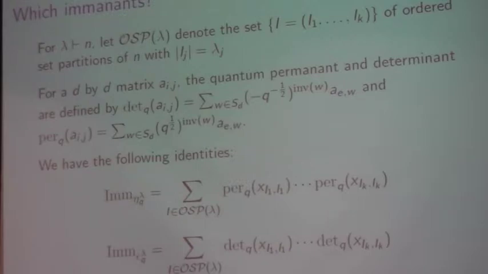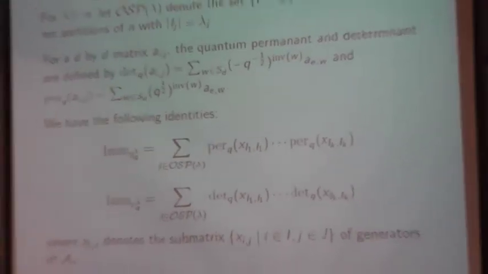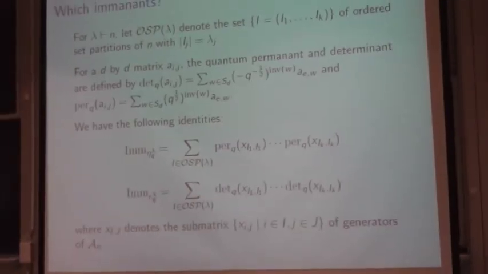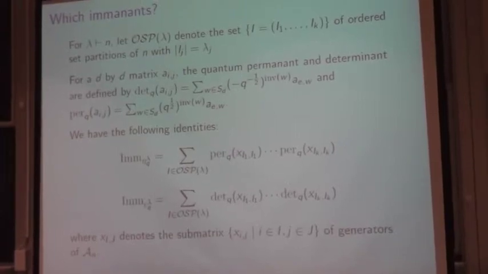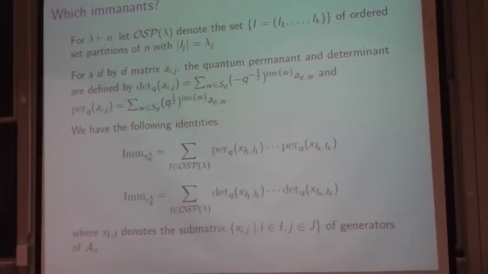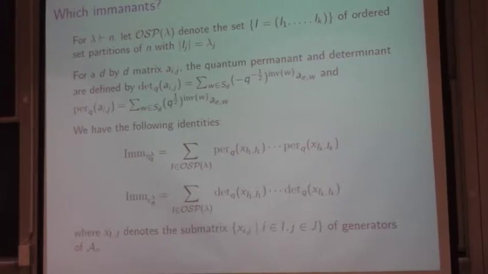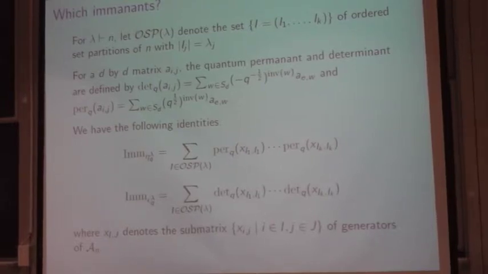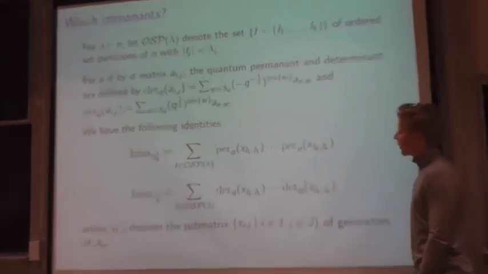Okay, so for a partition lambda, we'll let OSP be the set of ordered set partitions whose block sizes are given by lambda. Quantum permanent and quantum determinant are defined similarly to the regular permanent and regular determinant, except that we've got more factors of q.